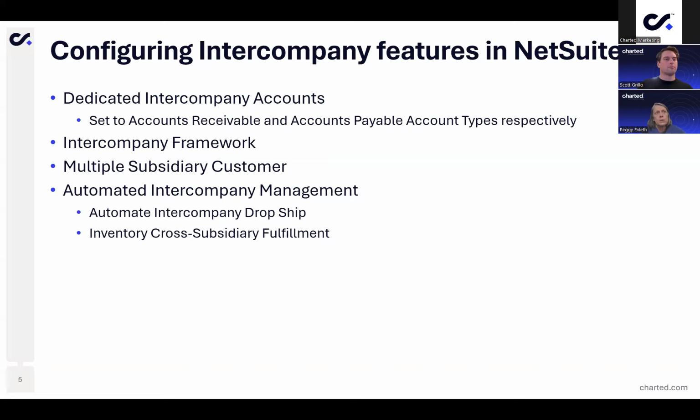That means that you need an intercompany receivable or intercompany payable vendor or customer in order to process those transactions. So that is very important to set that up. In fact, you cannot finish setting up the features if you don't have that.